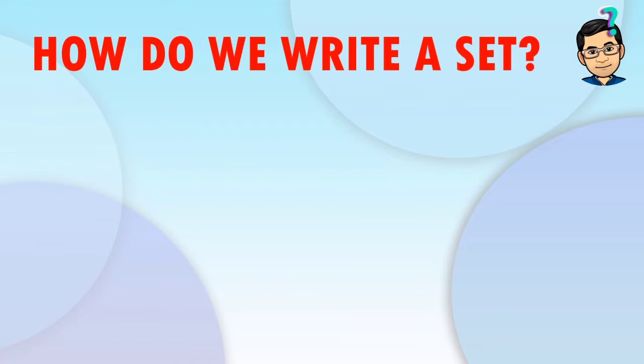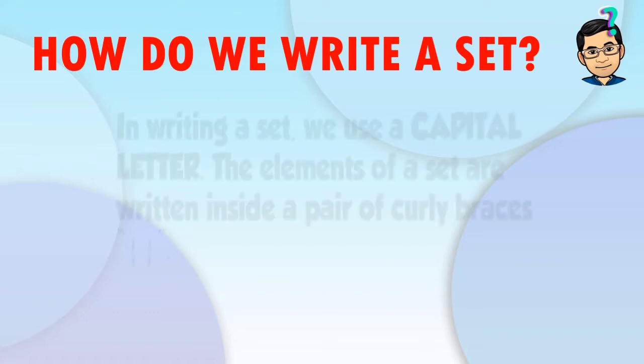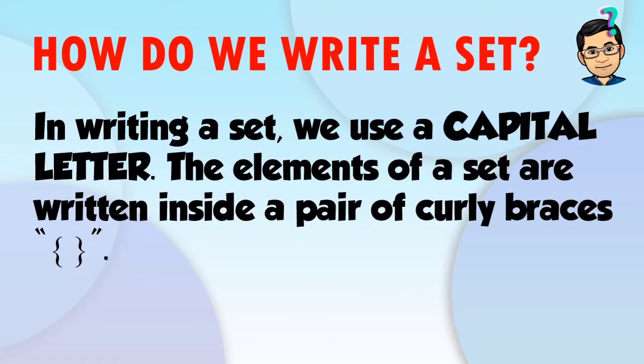So next, how do we write a set? So yung pagsulat po ng set in mathematics ay hindi basta-basta. So in writing a set, we use a capital letter. The elements of a set are written inside a pair of curly braces. So kitang-kita nyo naman, yung capital letter na word ay nakakapitalize din para at least guided kayo.